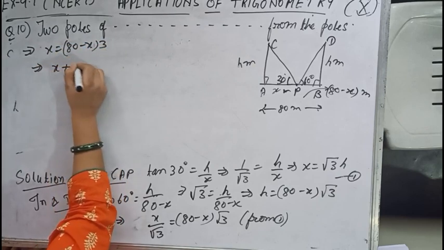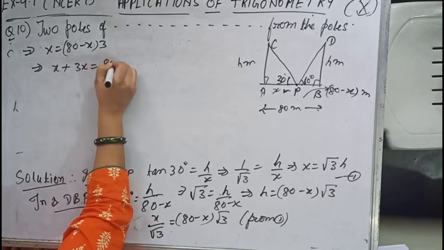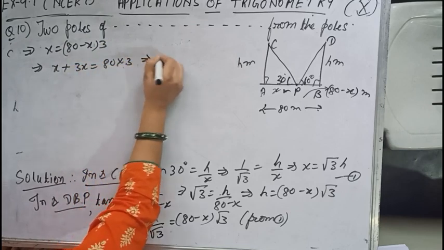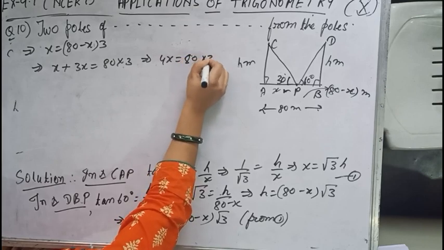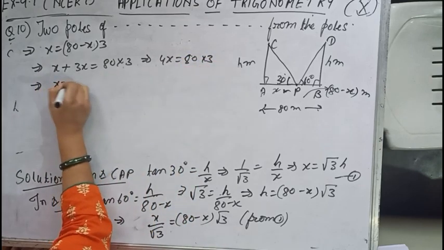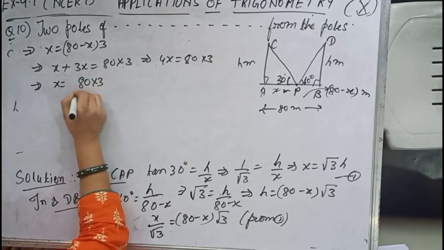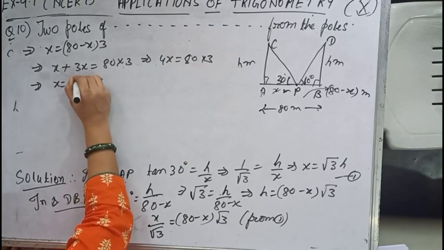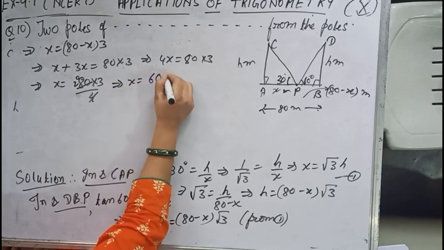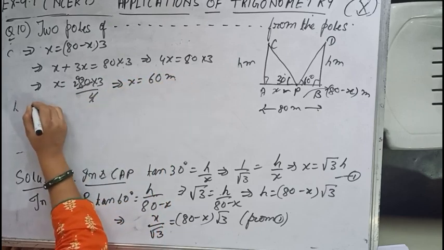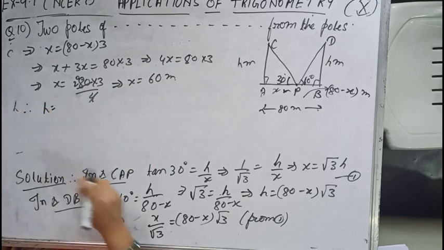This implies x plus 3x equals 80 into 3. This implies 4x equals 80 into 3. This implies x equals 80 into 3 by 4. So x equals 60 meter.